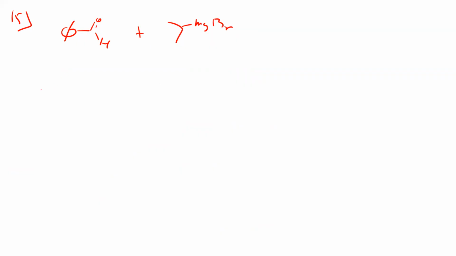And then route 2, you can have this. And then your Grignard reagent would be the magnesium. It would be the phenyl group with the magnesium bromide. And they both give you the product structure on the right-hand side.